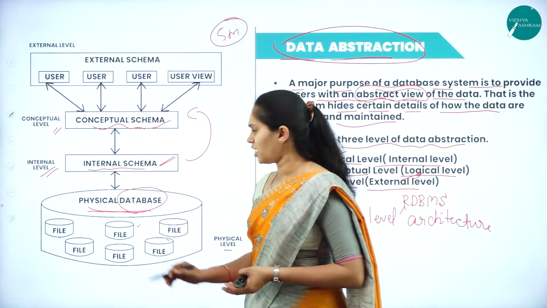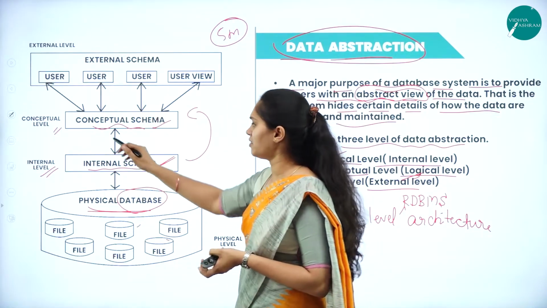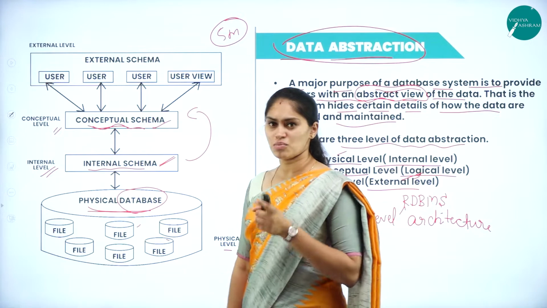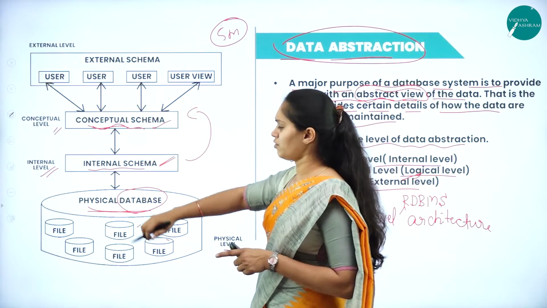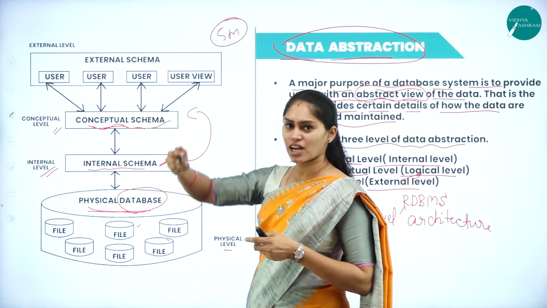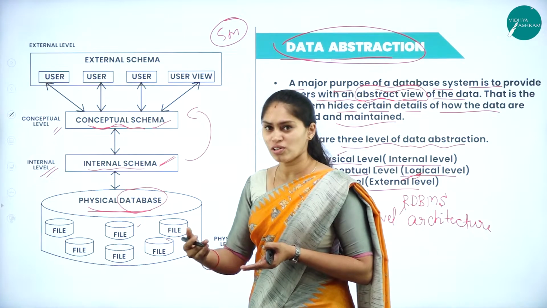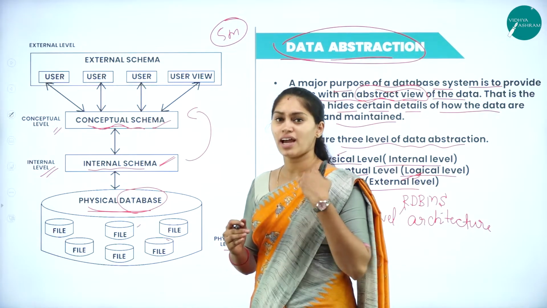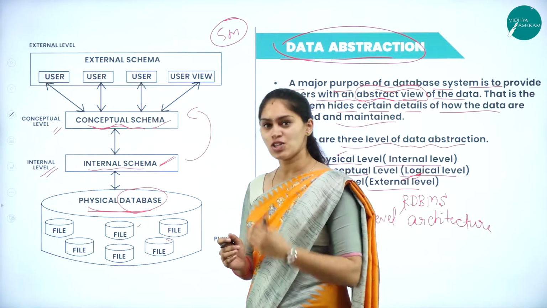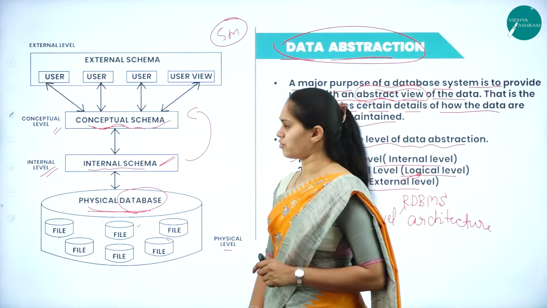But how much of the data shown in the internal schema will be hidden at the level of the conceptual schema. So when moving from one level to another, abstraction will be high, so the data shown to the user will be less. They are showing how to use it instead of how things happened in the background. So you have to remember that.